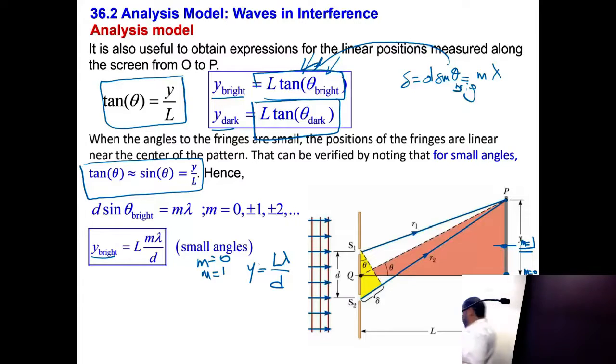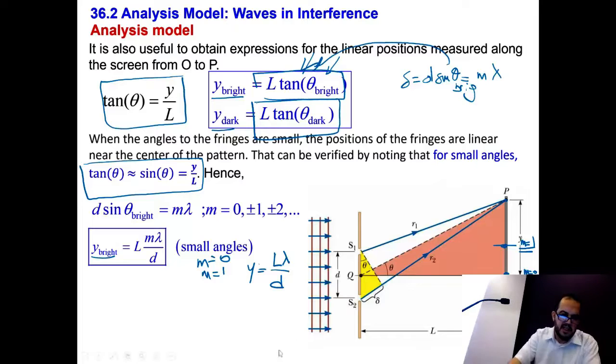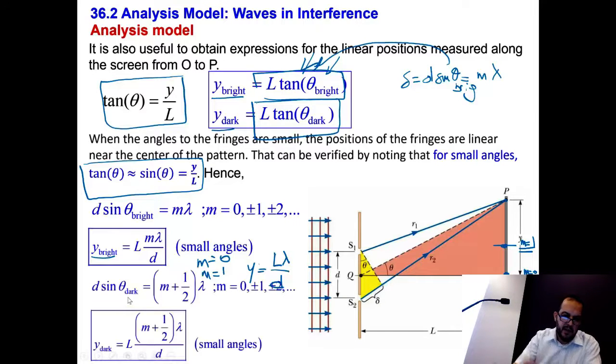Okay, let's do the same thing for the dark spot. For the dark spot, we know y dark is L tangent theta, and we know that d sine theta is equal to m plus 1/2 times lambda, for m going 0, plus or minus 1, and so on.